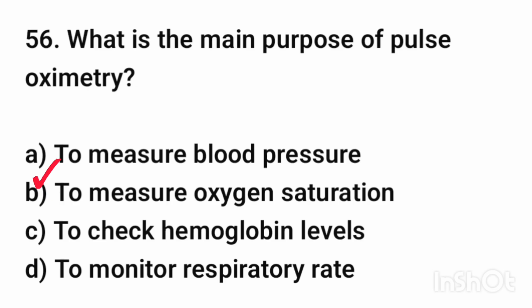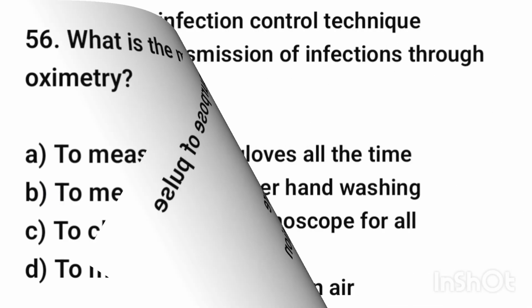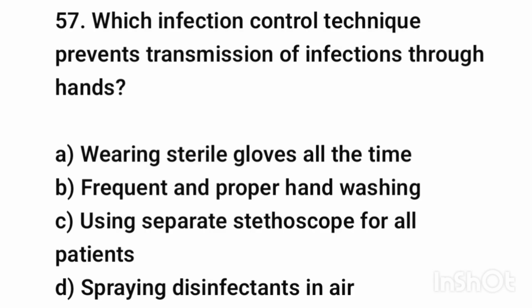The correct answer is option B, to measure oxygen saturation. Question number 57. Which infection control technique prevents transmission of infections through hands? The correct answer is option B, frequent and proper hand washing.